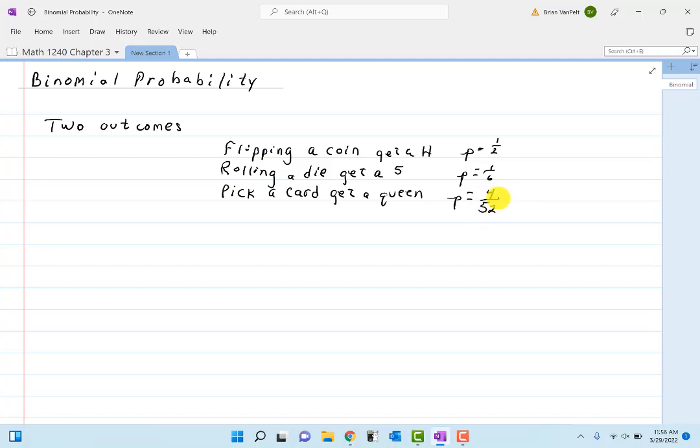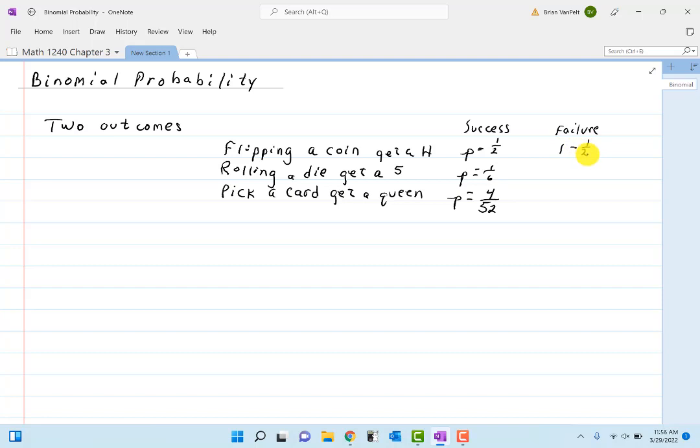Now we're going to also want to keep track of the probability of failure. Each of the things that I wrote there is the probability of success. So failure doesn't necessarily mean a good or a bad thing. It just means the opposite of success. So the probability of a failure when you flip a coin is 1 minus 1/2.